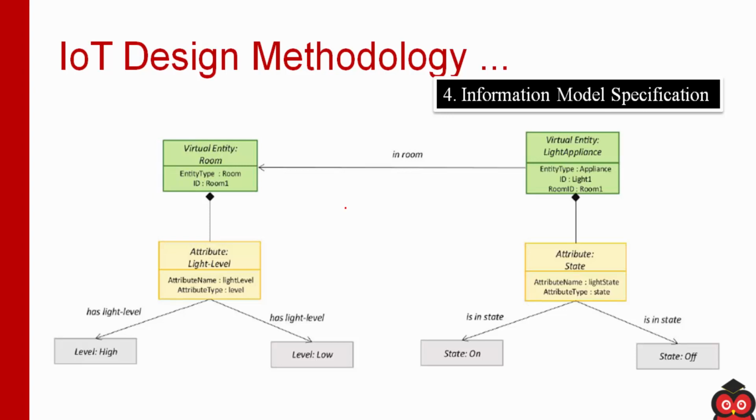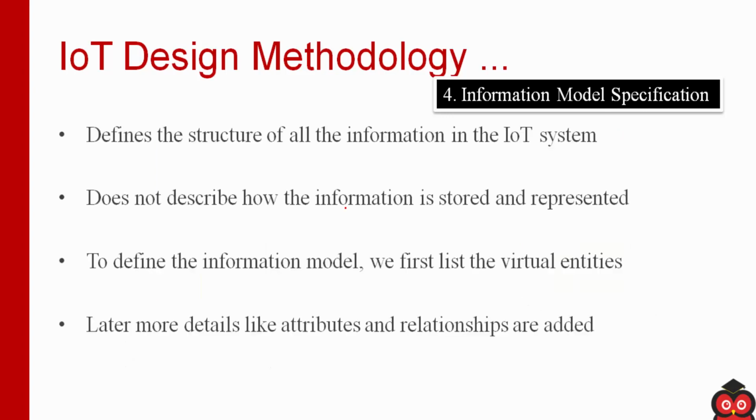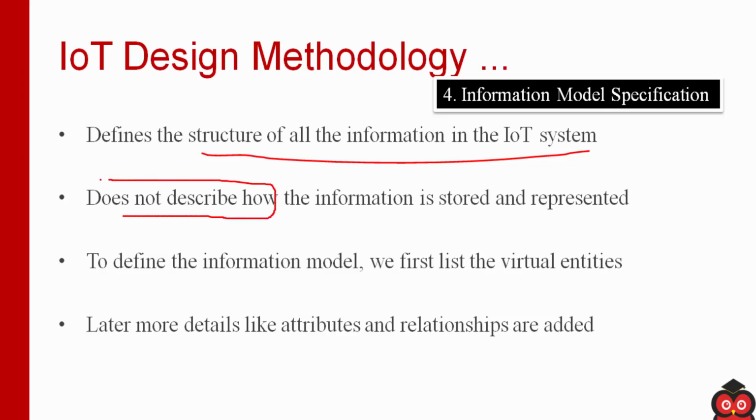this IoT system. While writing the code or program, what kind of data we want to store, in the form of classes or variables, what data we want to store, that is given by the information model specification. So you can see the structure of all the information in the IoT system, but it does not describe how that information will be stored and represented.